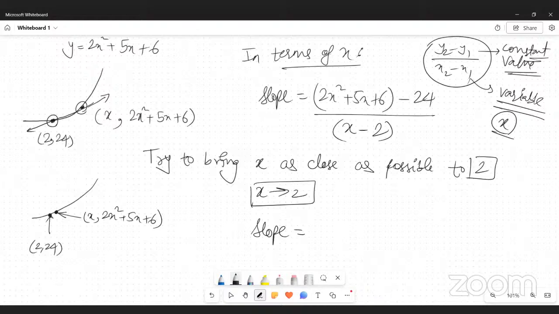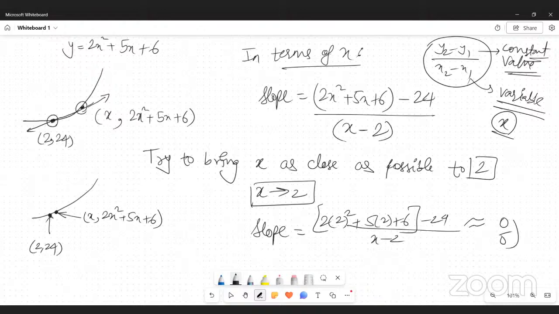If you try to substitute the value directly, it turns out to be 0 by 0. You can see it because this value 2x squared plus 5x plus 6 was itself derived from here. But we brought the second point so close to it that now its slope is not defined.